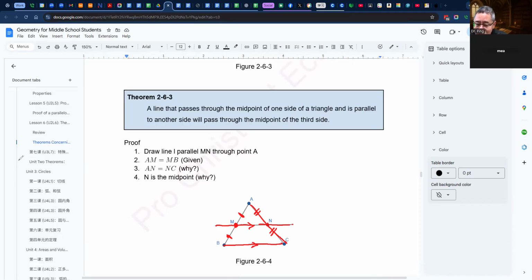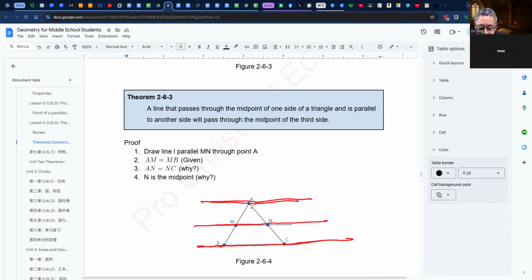Okay, so how do we prove that? We're going to draw the line parallel to MN through point B. So we draw another line here. Now it looks like what we learned earlier, kind of like the one before. We extend BC and draw the line parallel to MN. Now you can see we got three parallel lines.